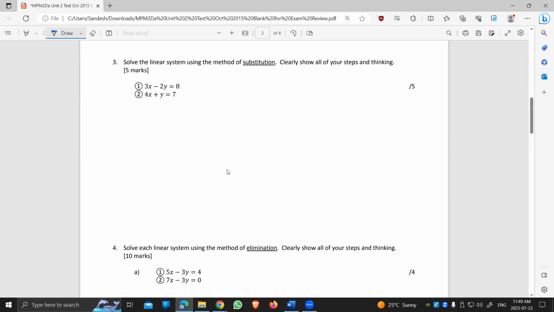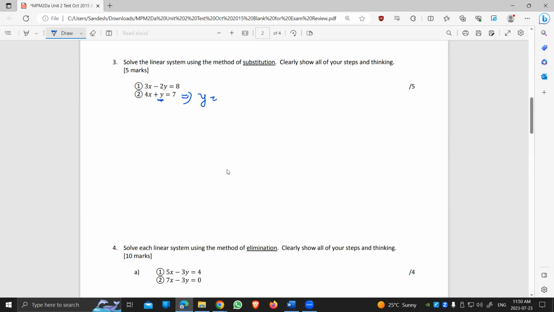That means we're going to need to isolate one of the x's or the y's. Which one would be the best? You can do any, right? But one of them is easier than the other. Ideally you don't want to deal with fractions, so it's going to be this one here. I'm going to substitute that.